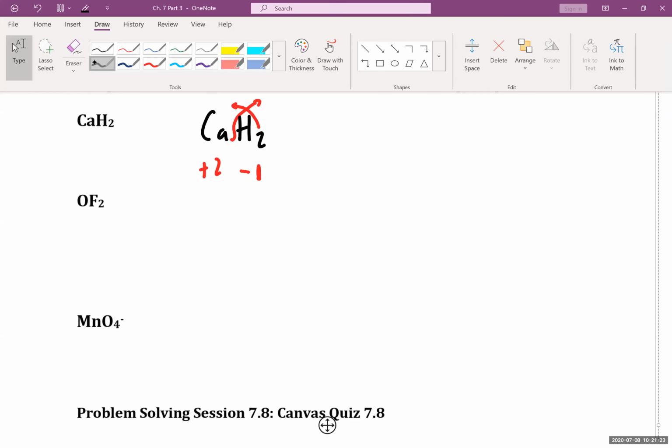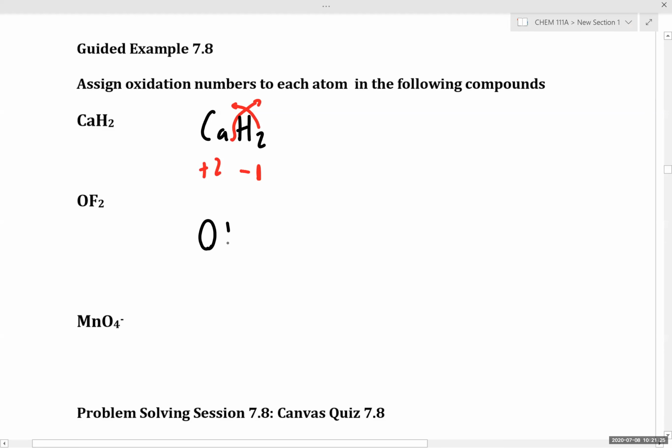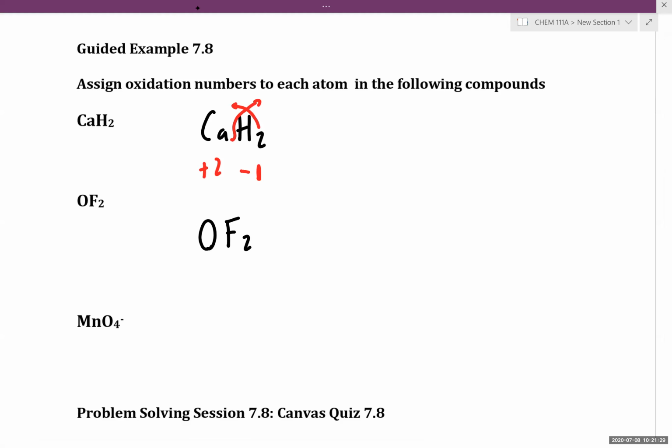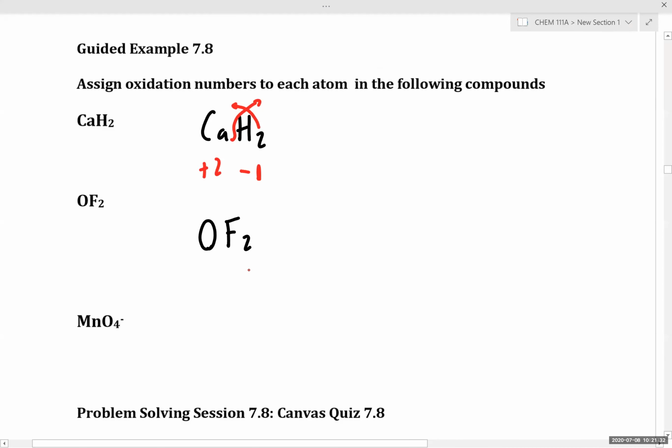Okay, let's look at oxygen difluoride. Fluorine is more electronegative, so fluorine will adopt a -1 oxidation number. Oxygen, in turn, is required to adopt, strangely enough, a +2 oxidation number.